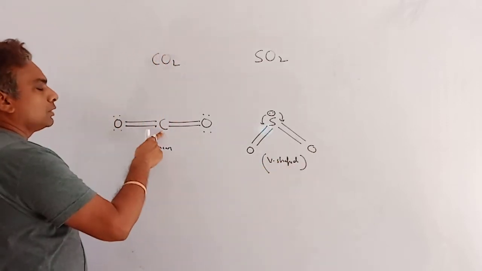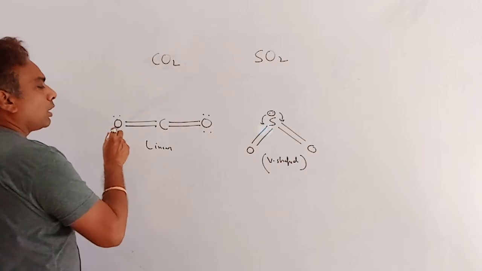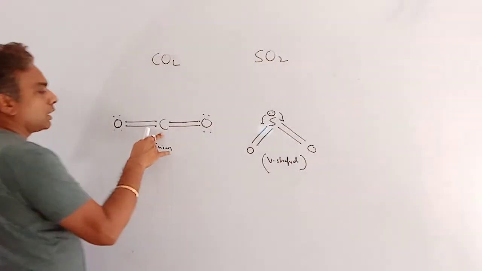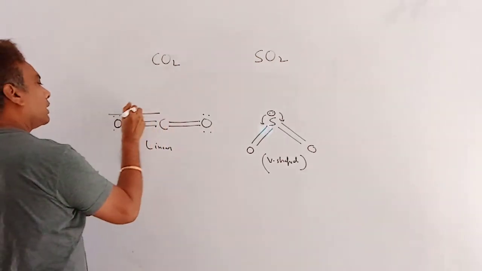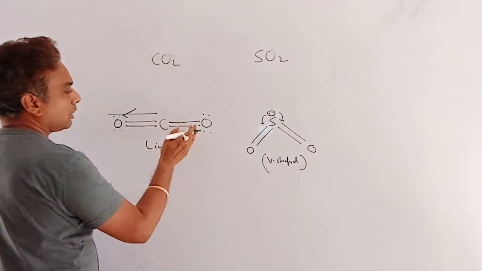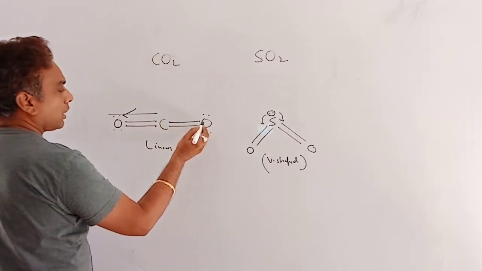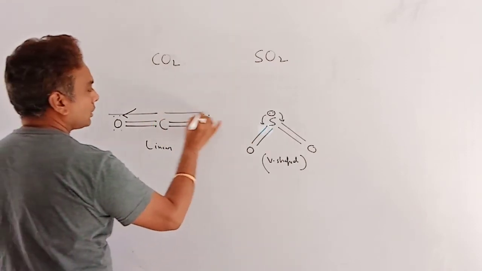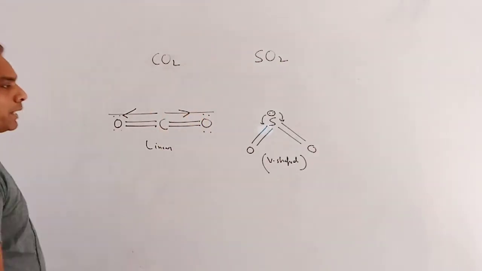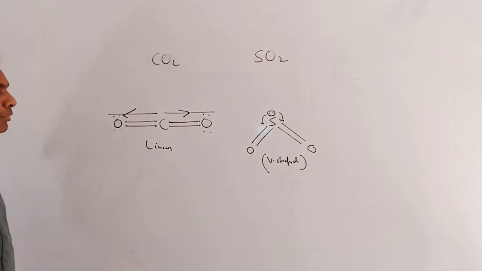So here is the difference of electronegativity. Bond is polar. Since the electronegativity of oxygen is greater than carbon, the shared electrons are slightly shifted towards oxygen. Similarly, on the other side, the electronegativity of O is greater than C, so the shared electrons are shifted towards this right oxygen. Clear?